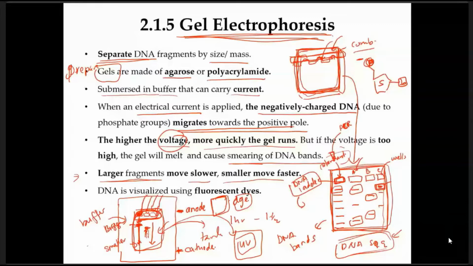Selalunya dulu kalau saya guna satu solution ni, we call it as EtBr, ethidium bromide. So ethidium bromide solution dia sangat carcinogenic. So when you are handling this sort of work, you have to be very careful lah, supaya tak kena awak punya skin.